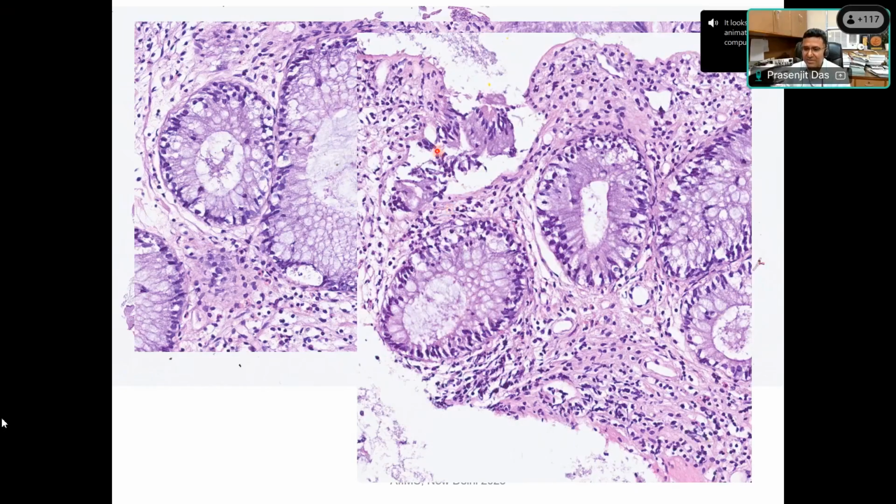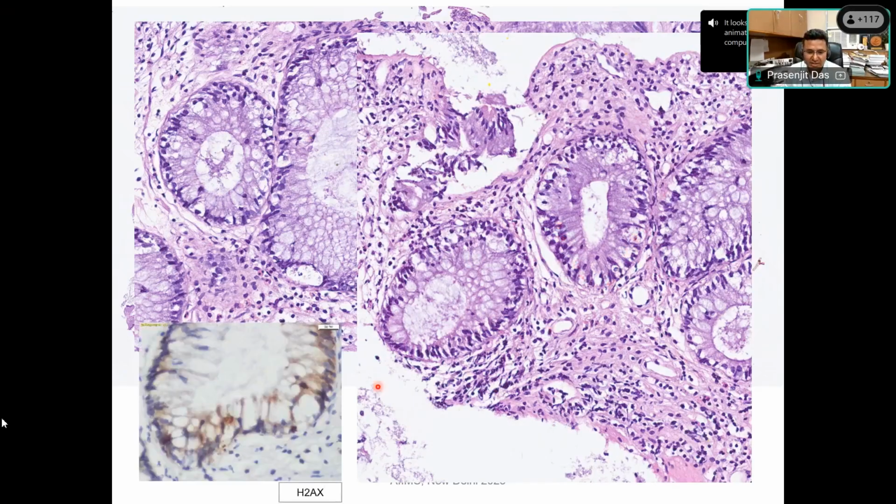So something else. Can you see a lot of lymphocytes here with a lot of apoptotic debris? And if you do an apoptotic marker like H2AX, you can see all these dots which are highlighting the apoptotic bodies. So no basal plasmacytosis, that we have already seen.